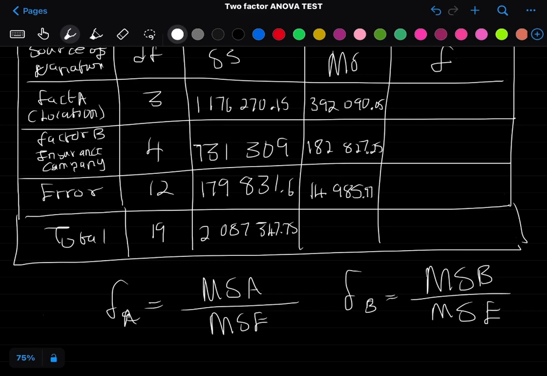In this case, it will be 392,090.05 divided by 14,985.97, which is 26.16 rounded.